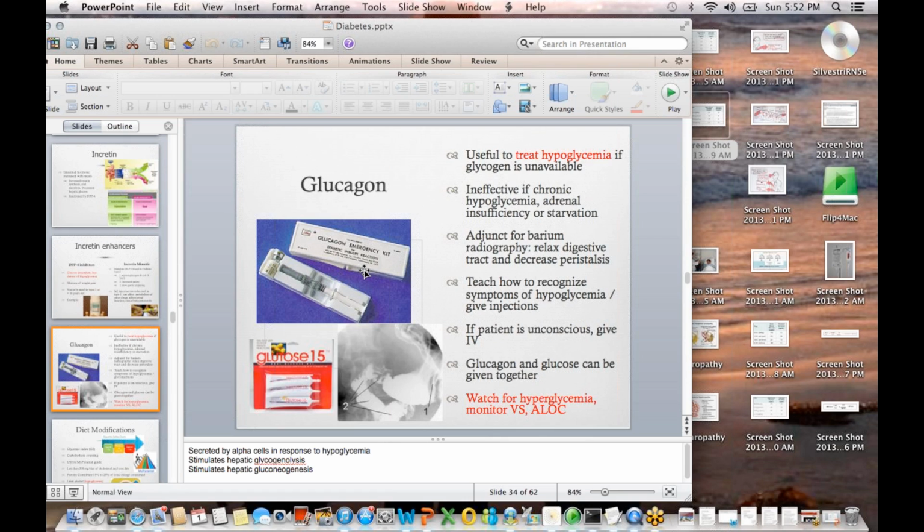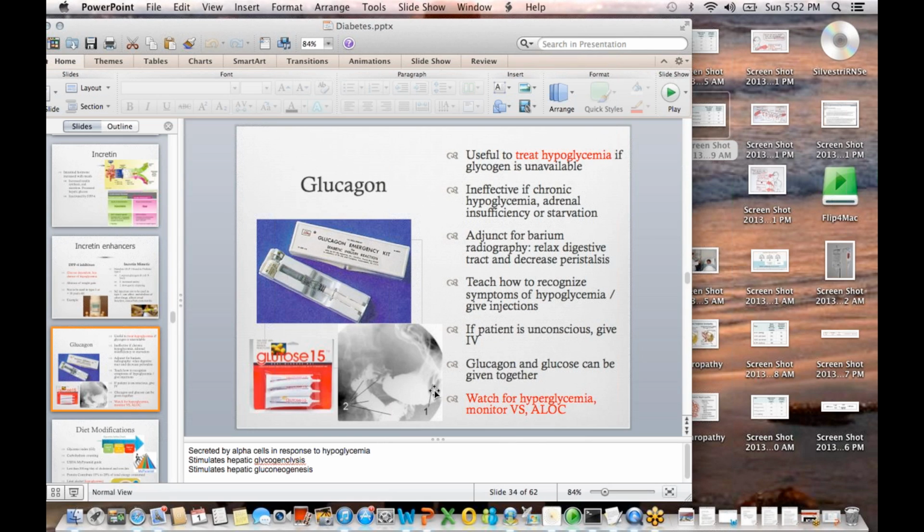I just want you guys to remember that glucagon treats hypoglycemia. It doesn't lower the blood sugar. This is for a patient who has a low blood sugar reaction. They can inject themselves intramuscularly. They have gel, they have glucose tablets. These are all to raise the blood sugar levels.